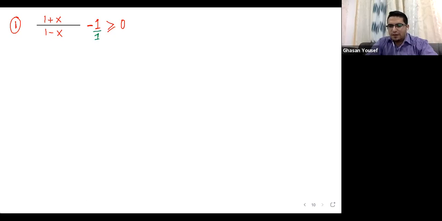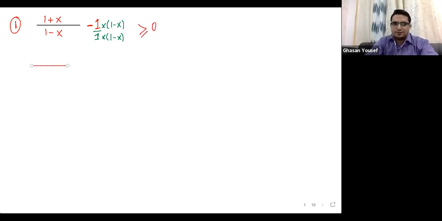Pamela said multiply by 1 minus x. This is correct. When we multiply both sides by 1 minus x, I get fractions with equal denominators. So I multiply here by 1 minus x, and here by 1 minus x, greater than or equal to 0. I will get two fractions.